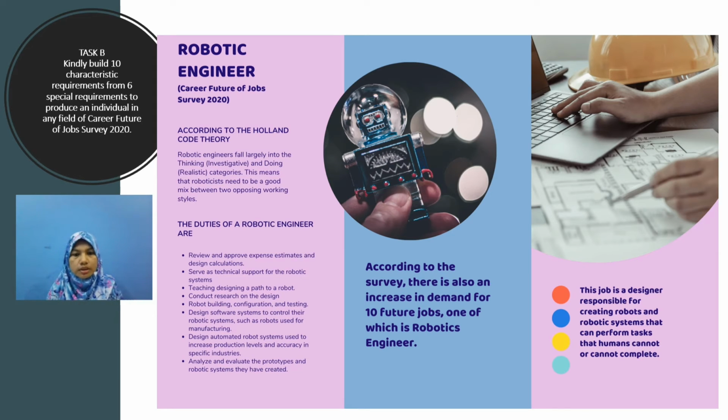The seventh is to design automated robot systems used to increase production levels and accuracy in specific industries. And finally, to analyze and evaluate the prototypes and robotic systems that have been created in specific industries.